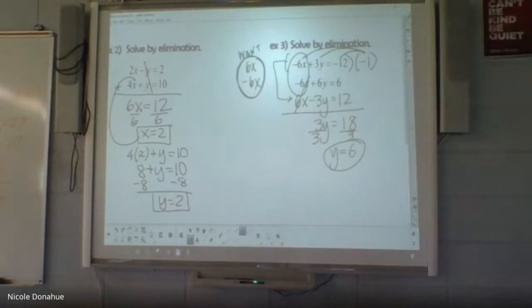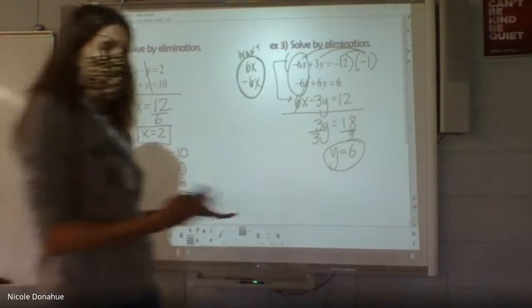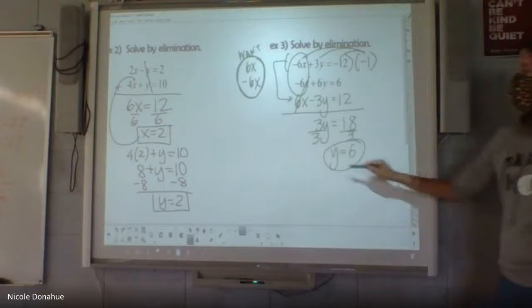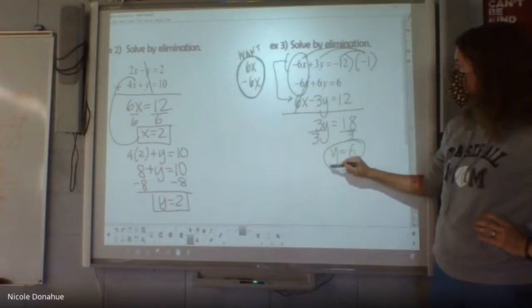Once I know y is 6, we can substitute that value back in to find the other variable. It doesn't matter which equation we put it back into as long as we stick it back into one of them. What do you guys want to put it back into? Sure.